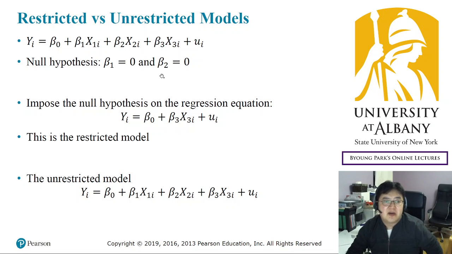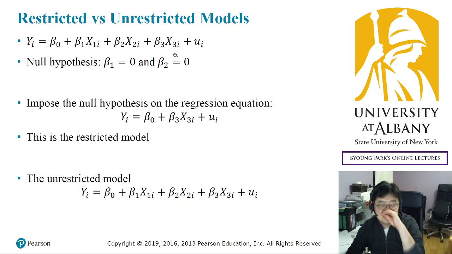So let's think about a regression model with exactly 3 regressors. You may consider more than 3, but for simplicity, I'm only considering 3. So suppose that there are 3 regressors. You can imagine student to teacher ratio, expenditure per student, and percentage of English learners.